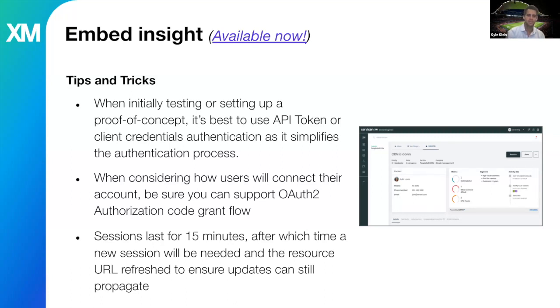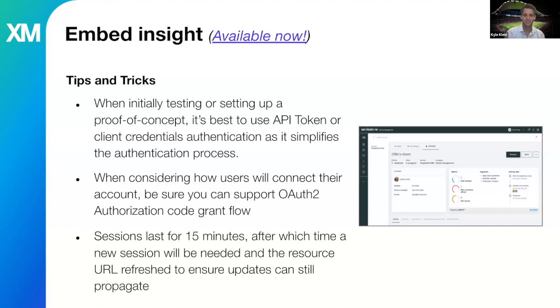And there's a 15-minute session that it's good for, so it stays fresh, and then you just have to refresh that on your own, which is mentioned here in the tips and tricks. But one of the things we've noticed is that when you get started, go the path of least resistance from an authentication standpoint and start with the simpler API token approach.